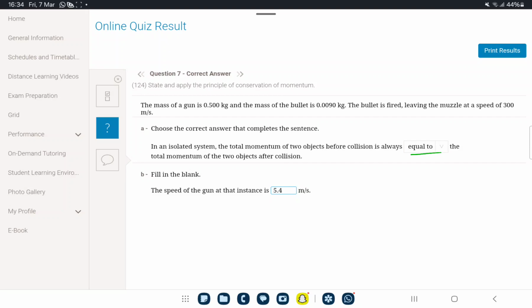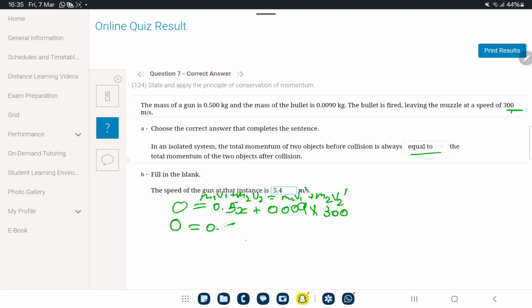Okay, so before, the whole system was stationary, so the initial momentum is 0, and m1 v1 plus m2 v2 equals m1 v1 prime plus m2 v2 prime. So m1 for the mass of the gun is 0.5, and v1 we're gonna say x, plus m2, 0.009 for the bullet, times velocity, which is 300 meters per second.